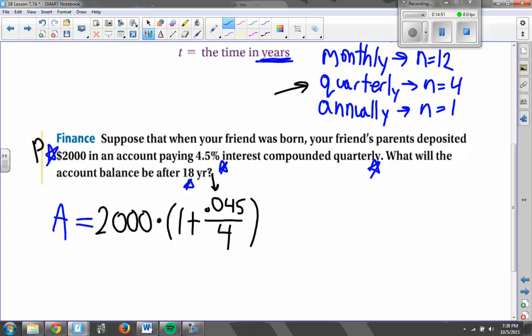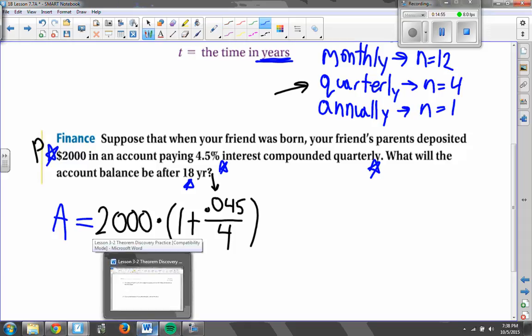And I'm going to raise this up to the n times t power. Remember, n was 4, and t is the number of years, which we see right here. t is 18.